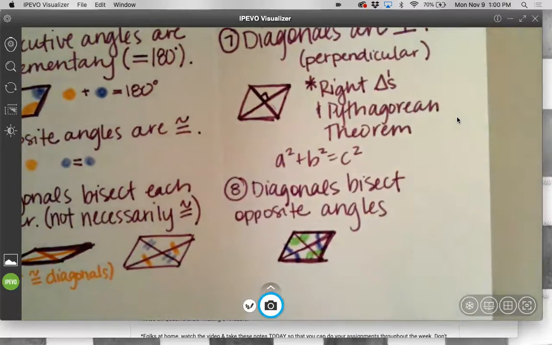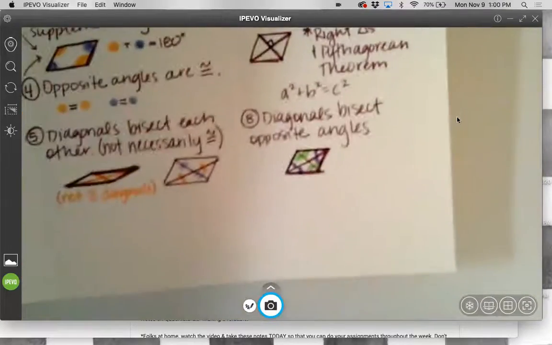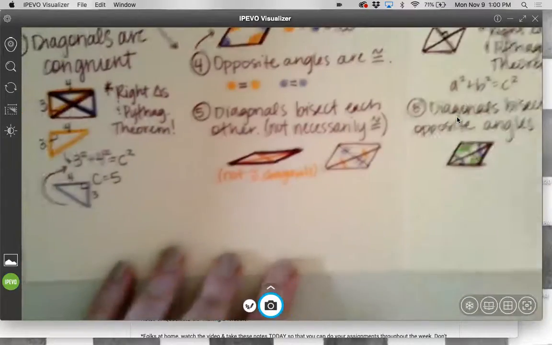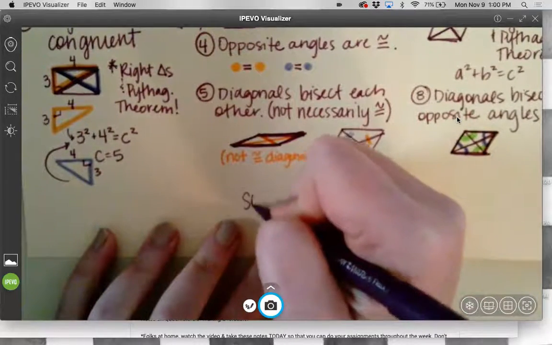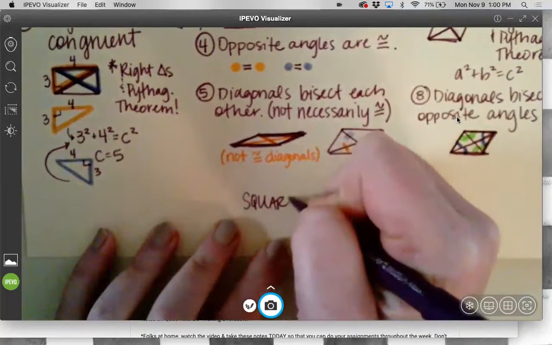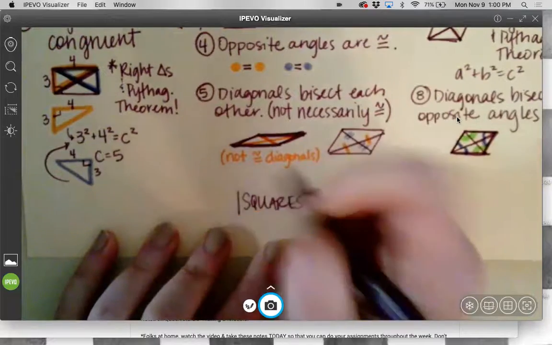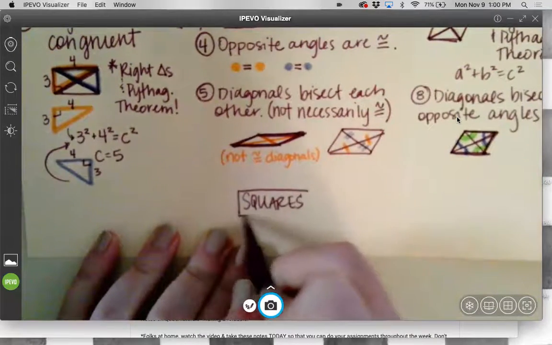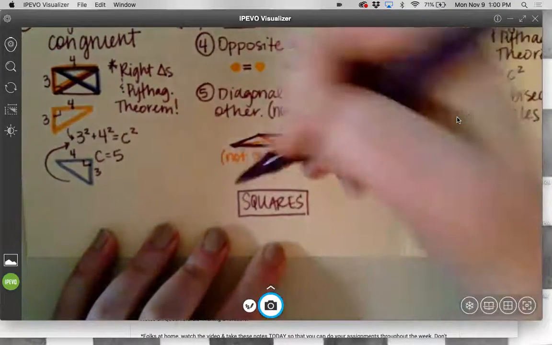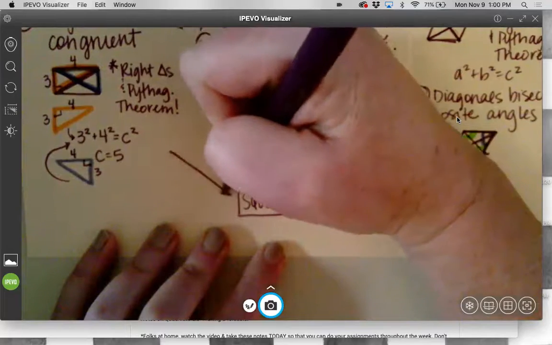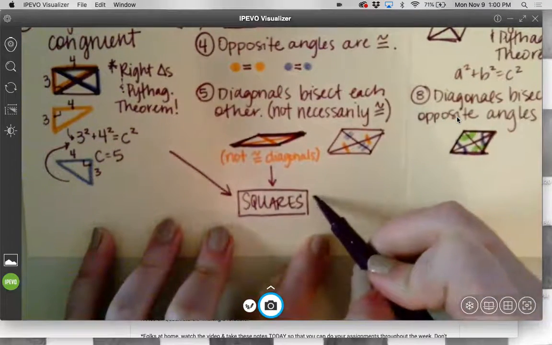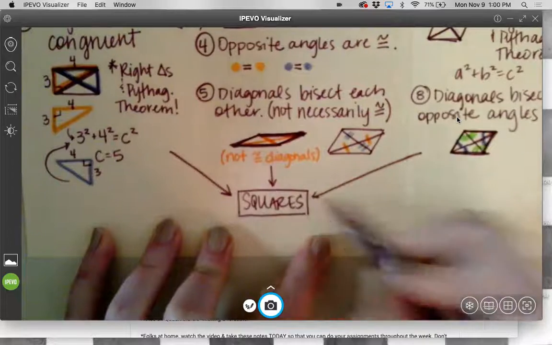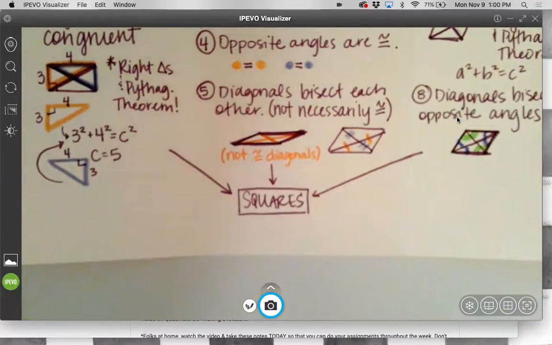Now down at the bottom of your sheet, you should have a little bit of space, I hope. And down at the bottom, we're going to put squares. Just put this wherever you have room. We're not going to write very much about squares, but we do need to draw arrows from all of these other columns over to squares.